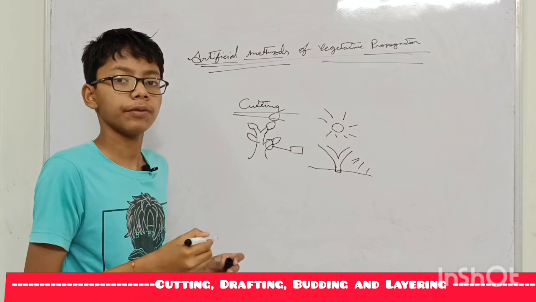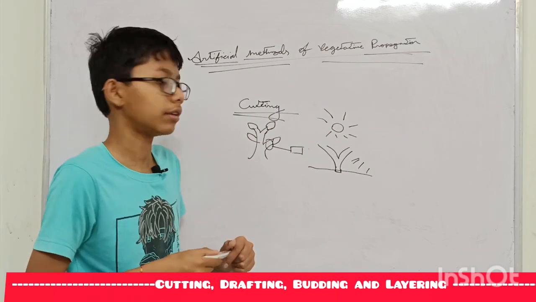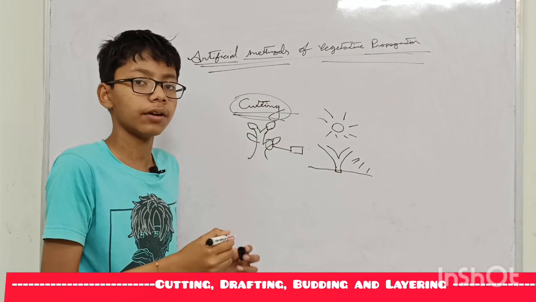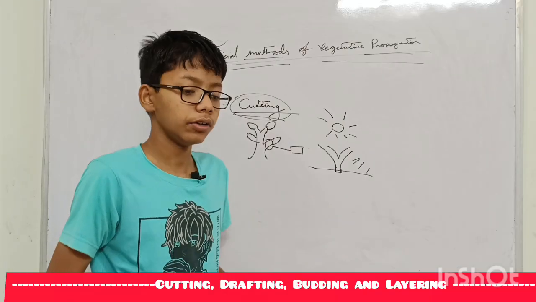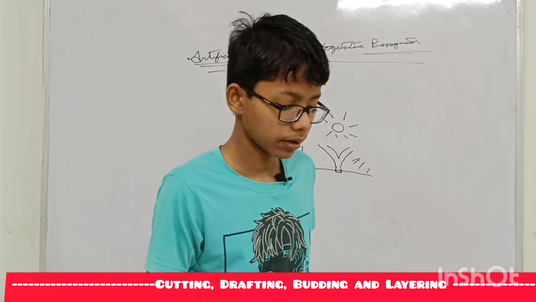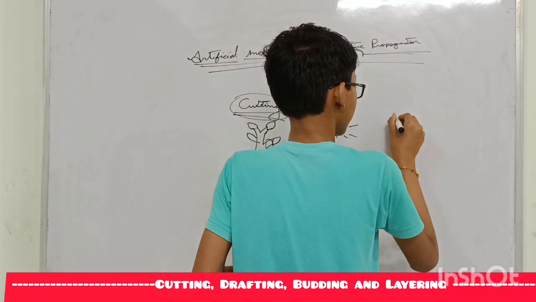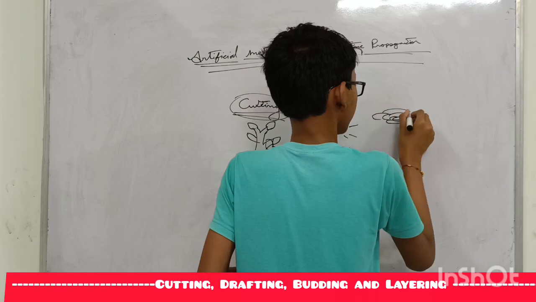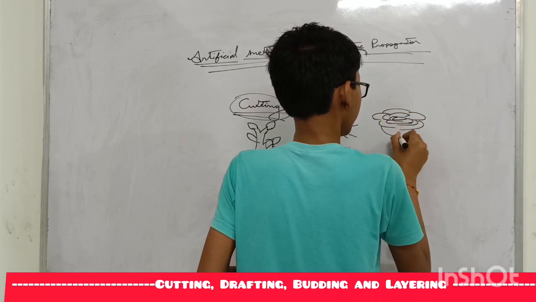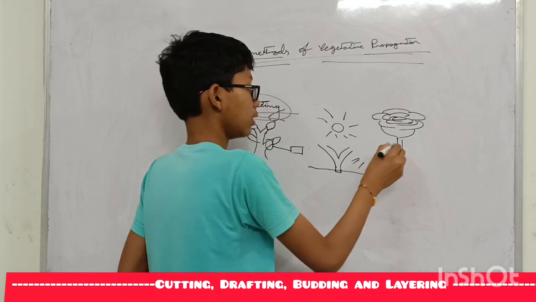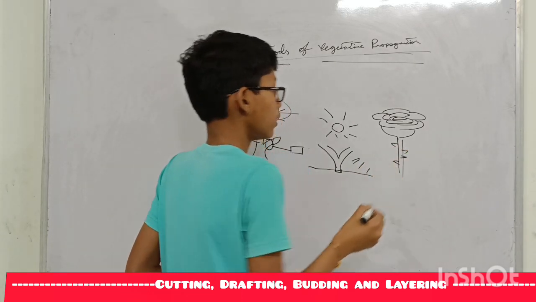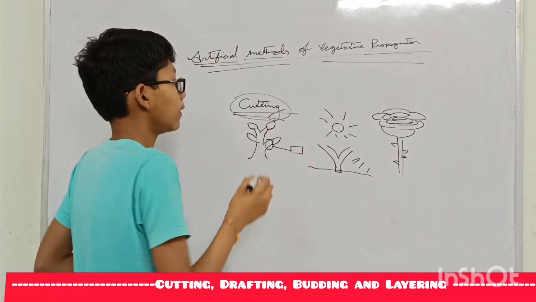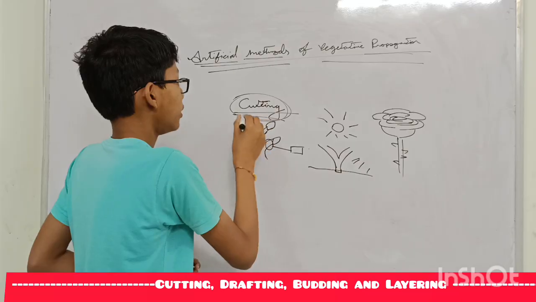Here cutting refers to the process. The process involves cutting, so that's why it is called cutting. Cutting a small portion, planting it into the ground, and after some time it will make a new plant of the exact breed. There are many examples here, but one of them is rose.